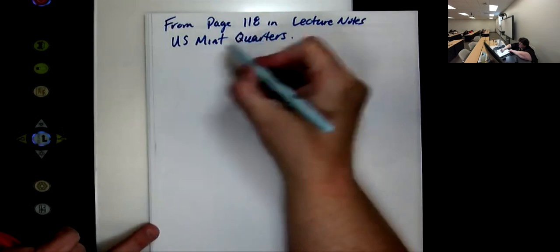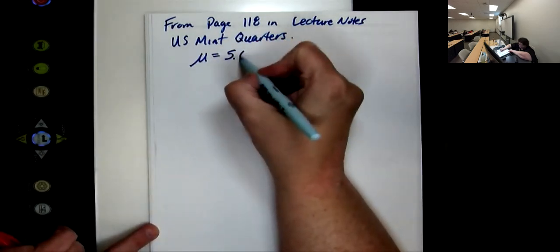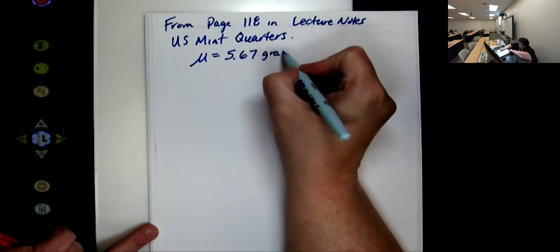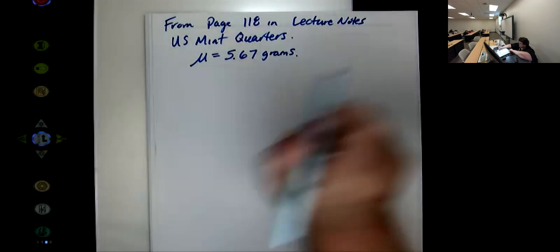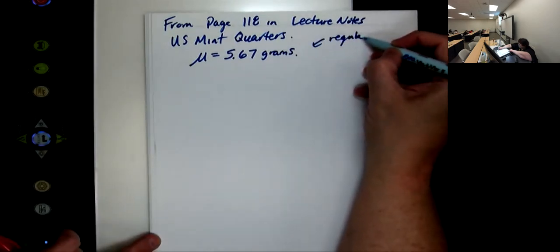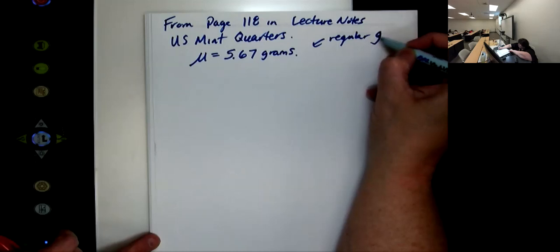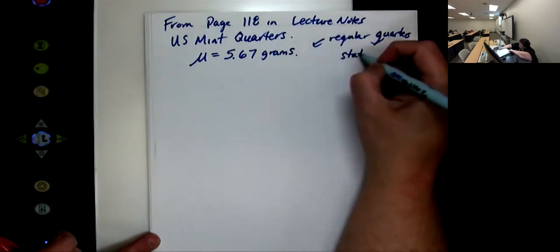They said that the mean weight was 5.67 grams. And this is for regular quarters. They want to know if state quarters are different.